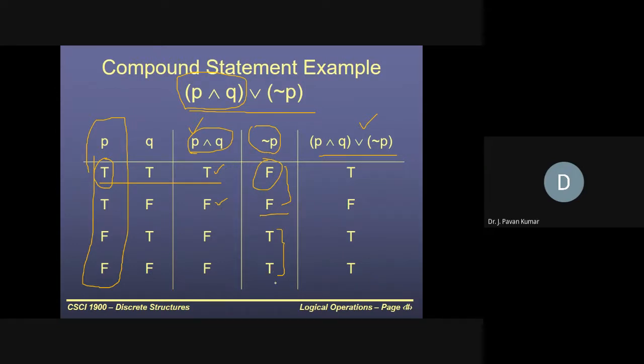That's why we have four entries here. Clear? Here we are performing disjunction, the or operation. Whenever both are false, then only it is false; the remaining entries will be true. So this is the truth table for the compound statement. Is it clear?